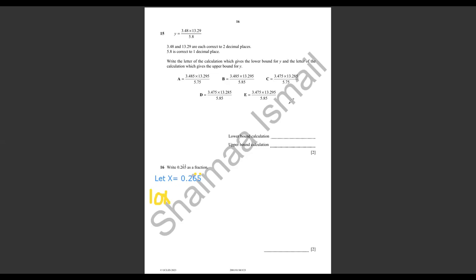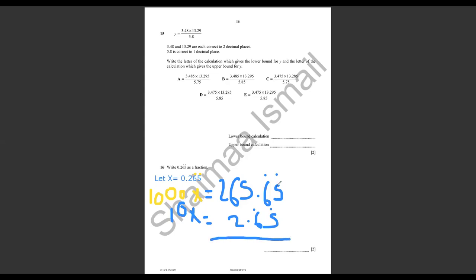And let's make it 1000x. 1000x will be equal to 265.65 recurring. And the 10x will be equal to 2.65 recurring.